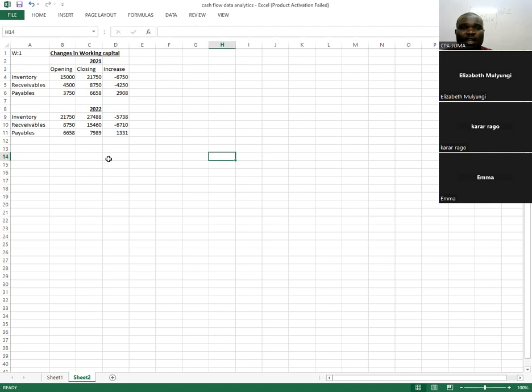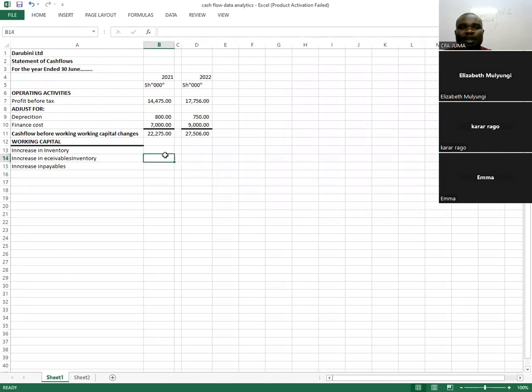So we have done the workings which we required for this space here. Now, that is where you need to interlink. Any working you do, you must interlink them. So remember the three: the inventory, the receivables, and the payables. You need to link them with that working, and all of them are in relation to working one.